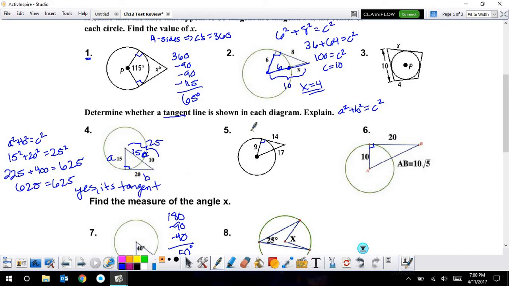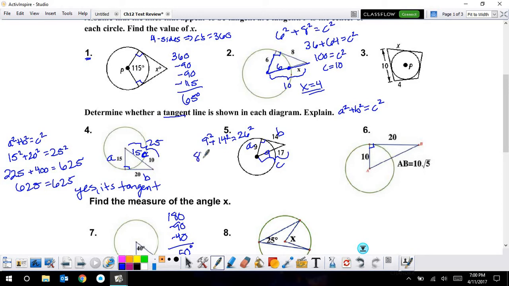If I look at number 5, so I've got a squared plus b squared. Your whole hypotenuse is c squared. So I've got 9 squared plus 14 squared. And I've got to compare that to, well, 9 and 17 is 26.